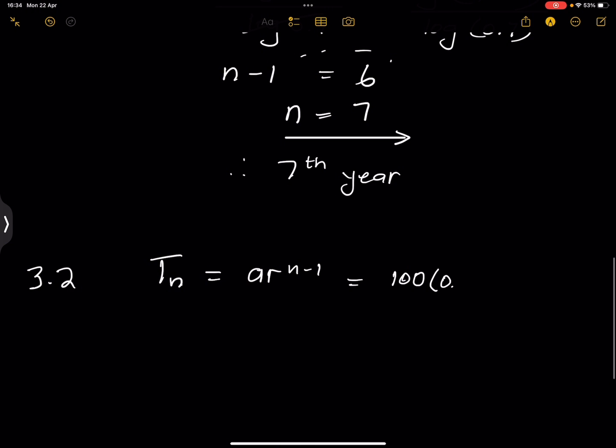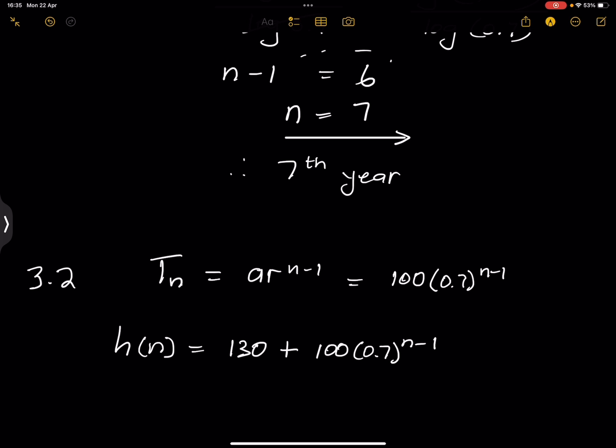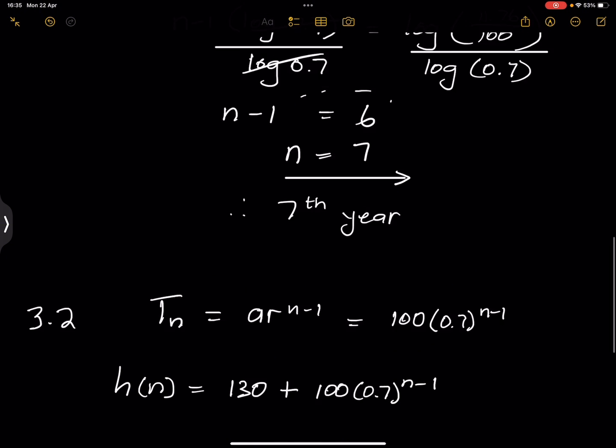So 0.7 to the power n minus 1. But now Hn would be 130 plus 100 times 0.7, or you can say 7 over 10, to the power n minus 1. And that is what the equation for Hn would be.